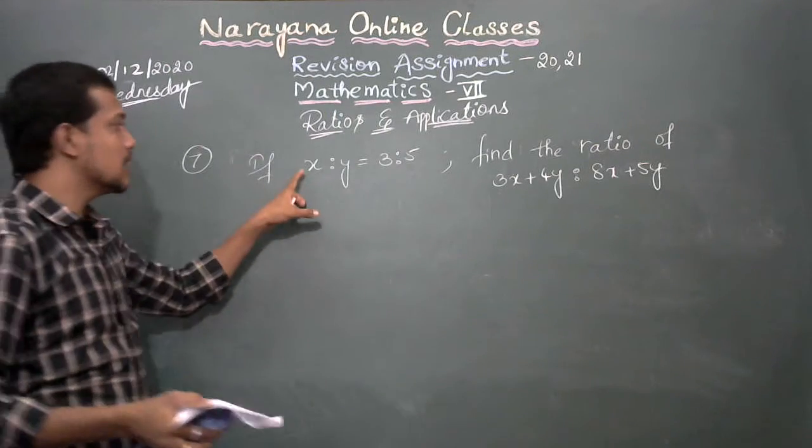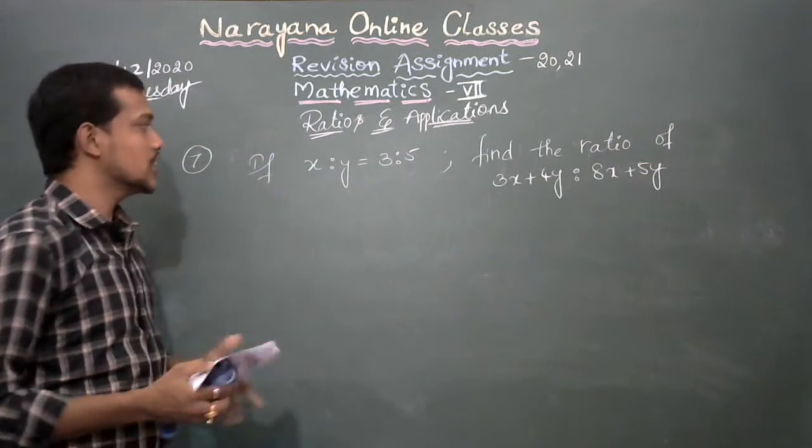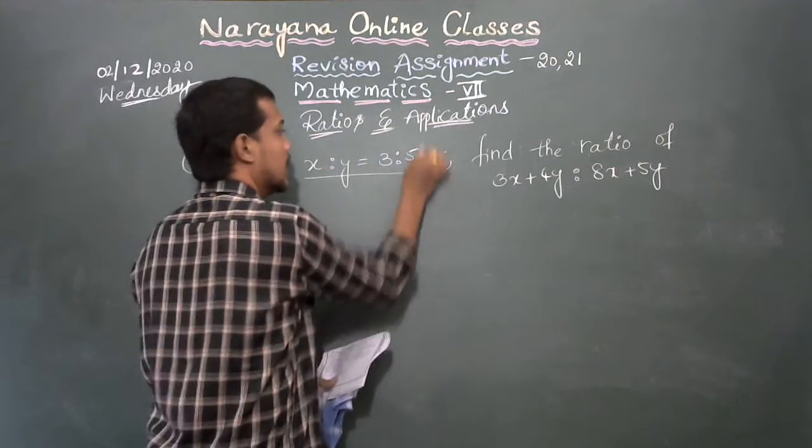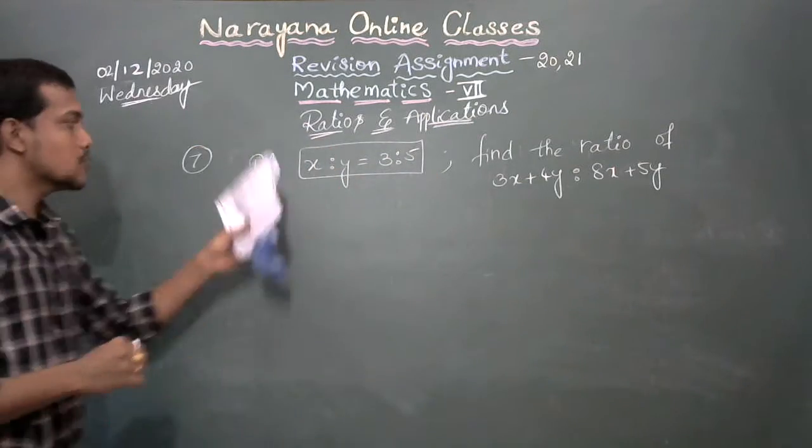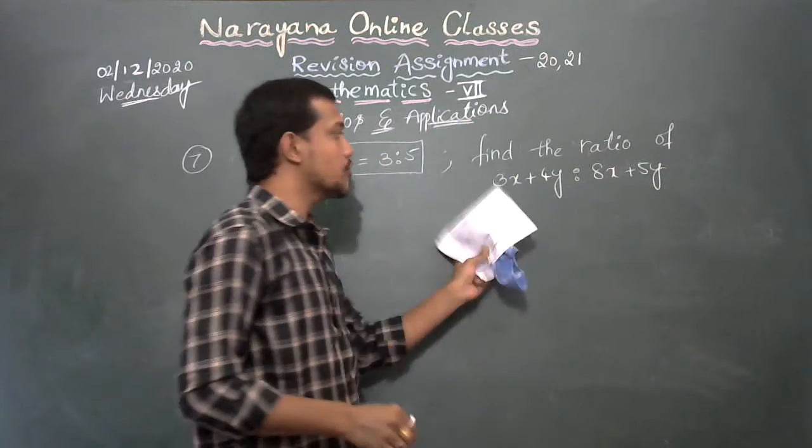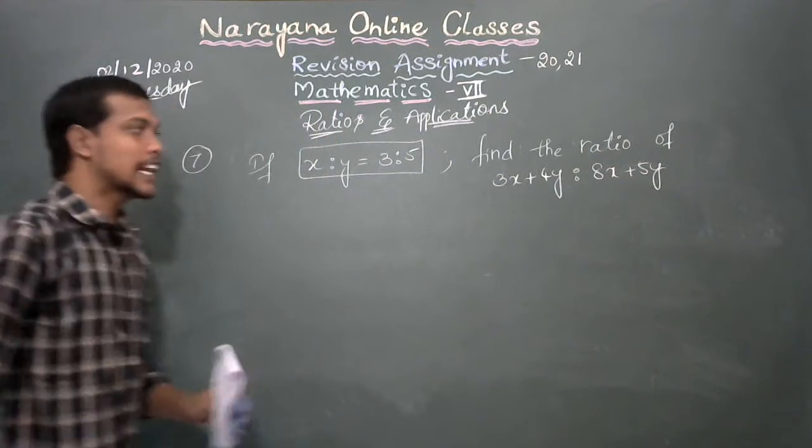Here given x is to y equal to 3:5. This is the given ratio. Based on this ratio, we can find the ratio of 3x plus 4y is to 8x plus 5.